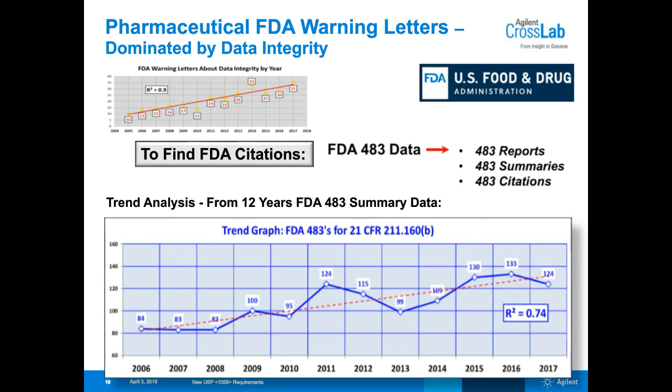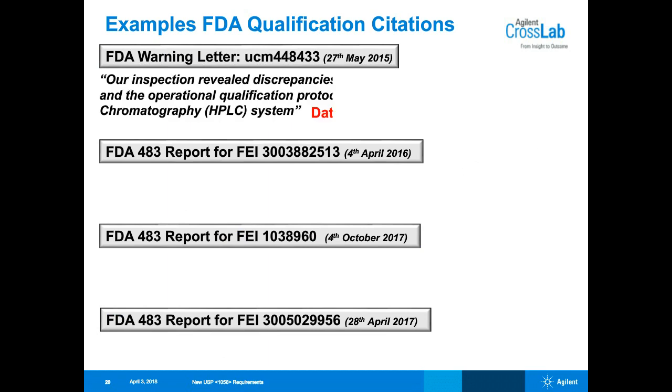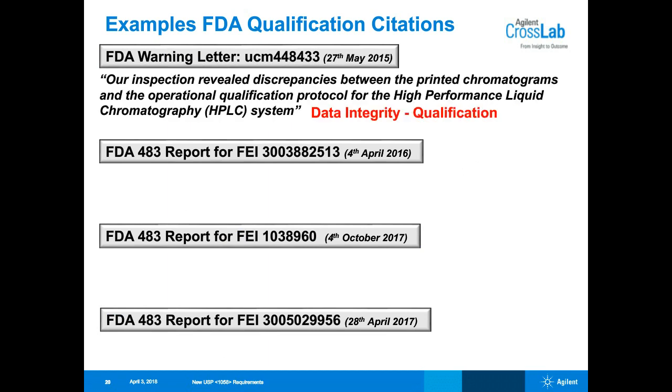On this slide, I've got 4 FDA examples. In the first one, it says, our inspection revealed discrepancies between the printed chromatograms and the operational qualification protocol for the HPLC system. So this is an example where the FDA are raising concerns about the data integrity of the qualification.